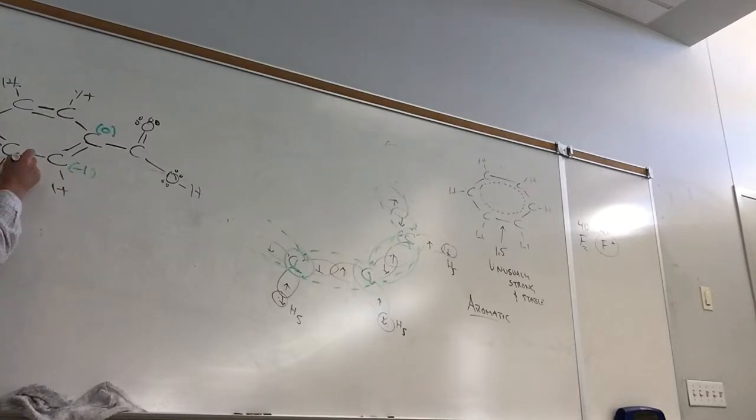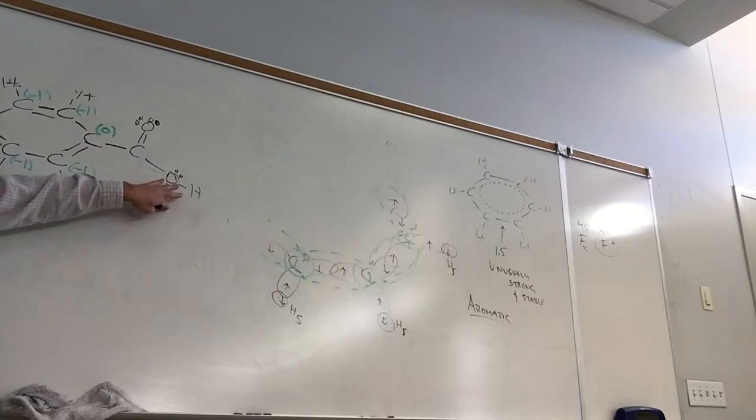This one? Saying -1, -1, -1, -1. So if you were to think about this, you'd probably think this is more electron rich or more electron poor? More electron rich. This electron rich ring is pushing electron density towards this, making this less acidic.